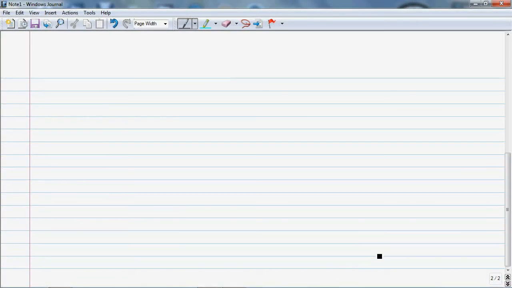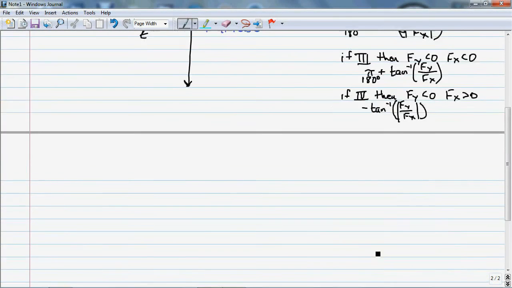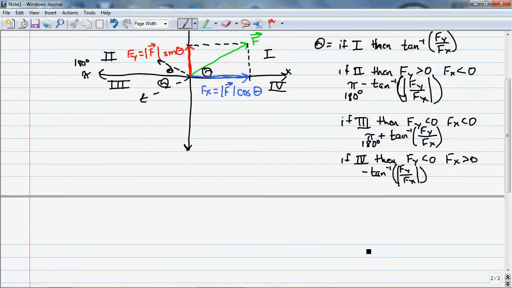Another possibility is 2 pi minus, oh, forgot my arctangent function.